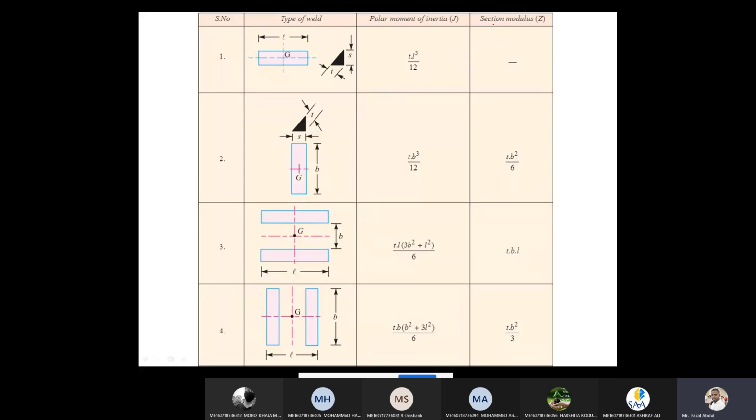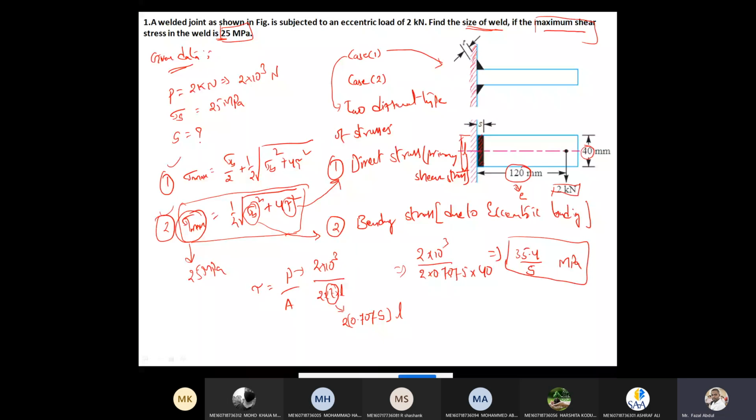At the title, we can find section modulus Z and polar moment of inertia J. Here the fourth type of cross section applies, for which Z is t b square by 3. This derivation we already did.